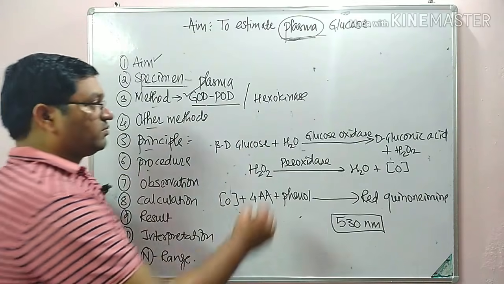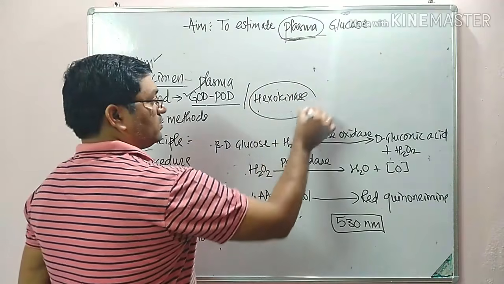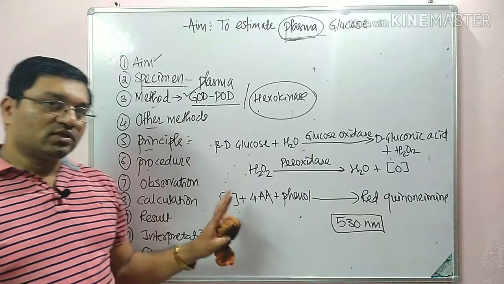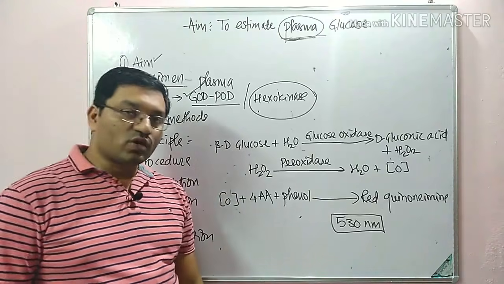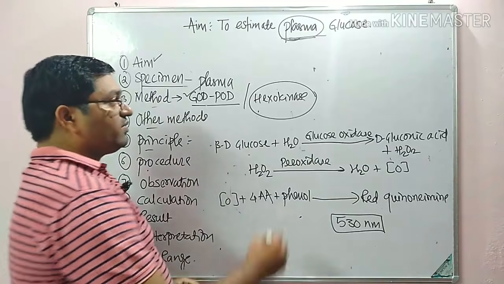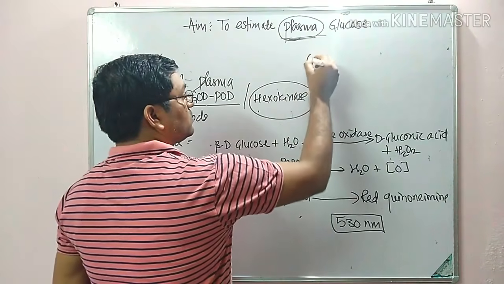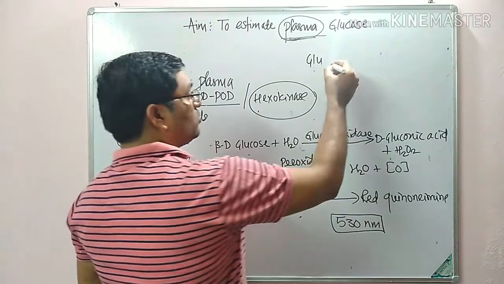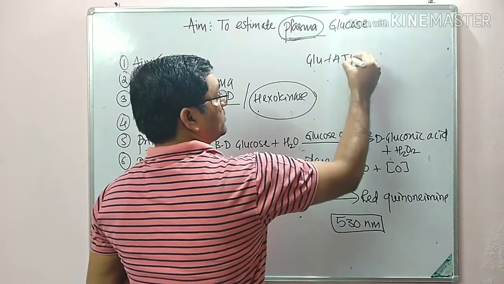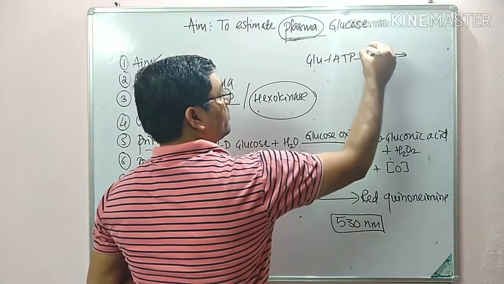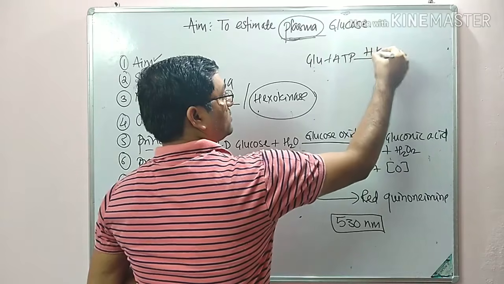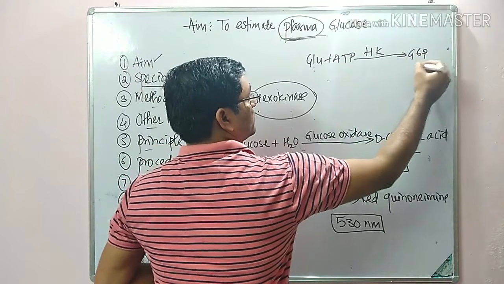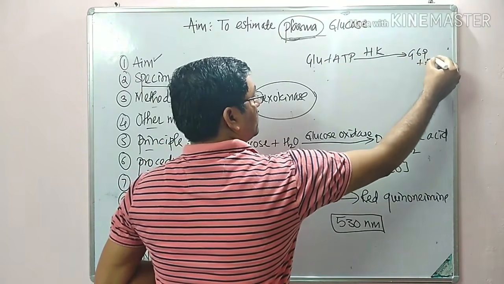Hexokinase method is now used in most of the tertiary institutes. In this method, glucose, which is the first step of glycolysis, that is glucose plus ATP in presence of hexokinase, gives glucose 6-phosphate plus ADP.